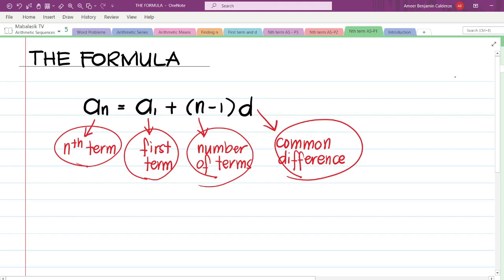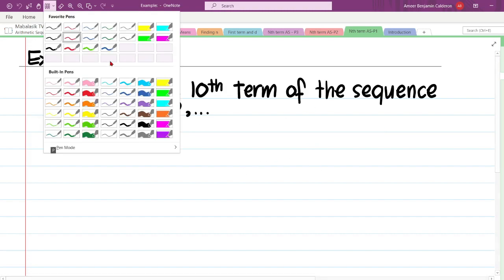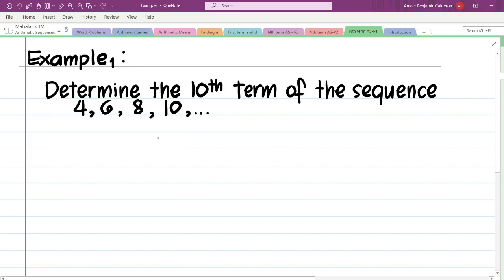Let us go to our first example. So we have to determine the 10th term of the sequence 4, 6, 8, 10. So let us take our formula: a sub n is equal to a sub 1 plus the quantity of n minus 1 times d.